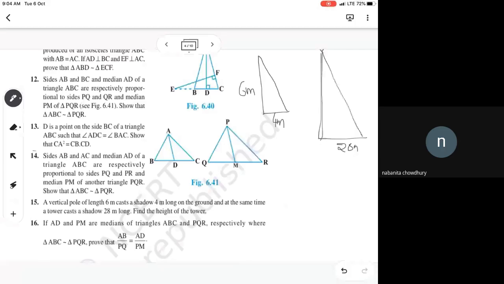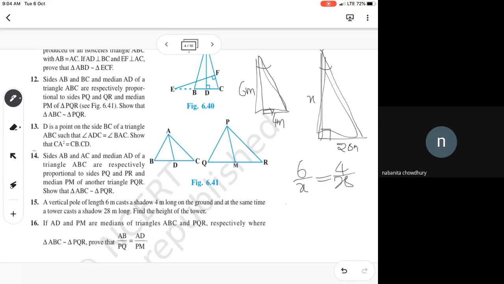Both are perpendicular to the ground, and since it is the same time, these angles will be equal. So these two triangles are similar. Consider the tower's height as x. When two triangles are similar, their corresponding sides are in proportion, so 6 by x is equal to 4 by 28.